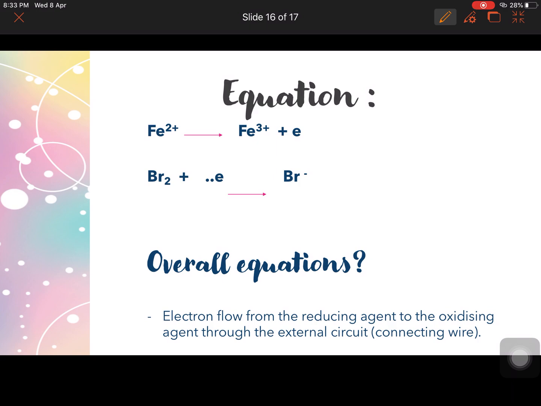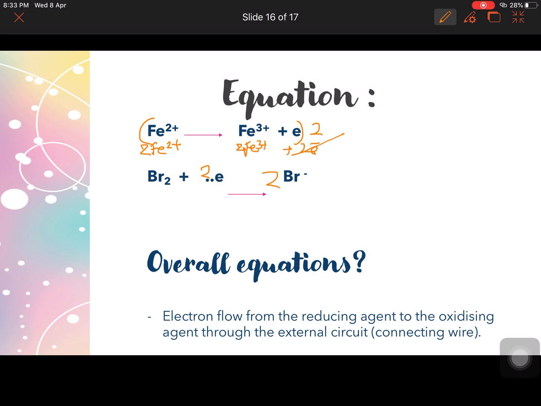This one 2Br, so here also 2 electron, so this one you have to times 2. Okay, times 2 dia akan jadi 2Fe2+, sini pun akan jadi 2Fe3+ 2 electron.